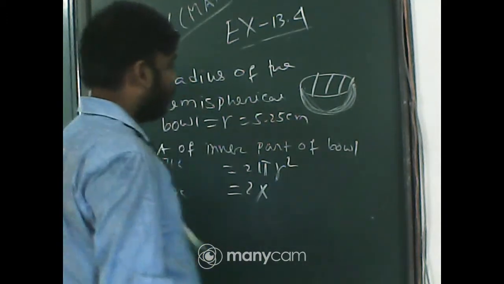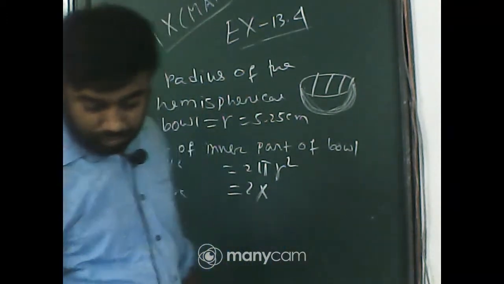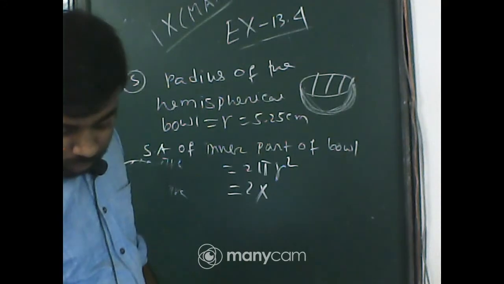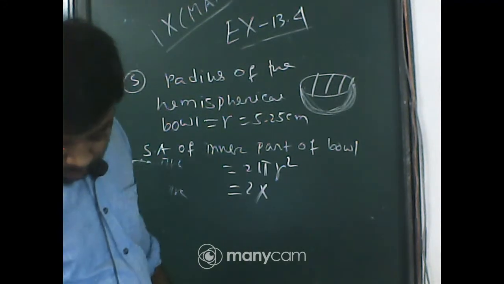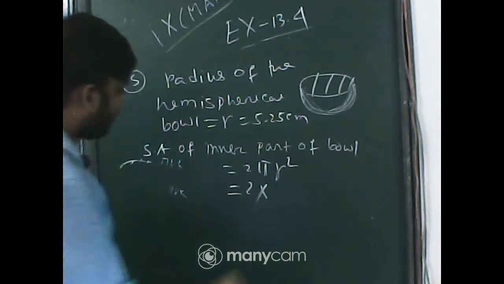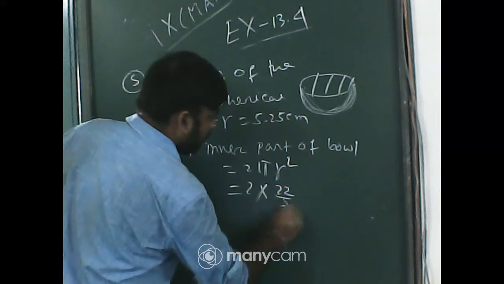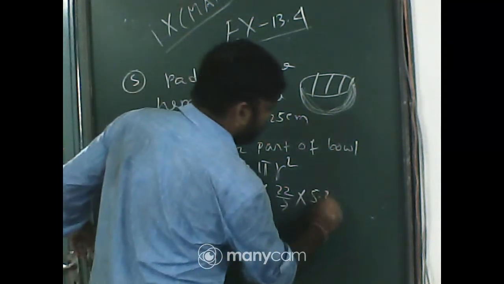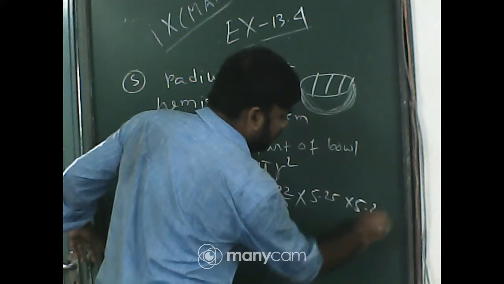Now for pi, should it be 3.14 or 22 by 7? Okay, 22 by 7 into r, 5.25 into 5.25.